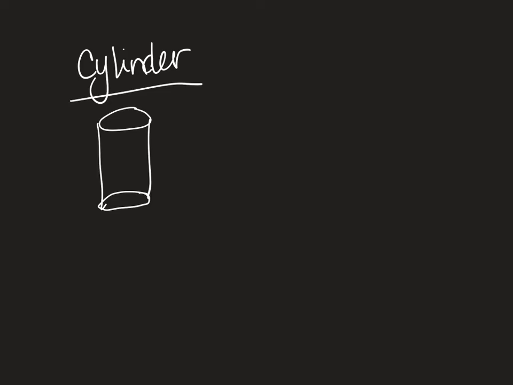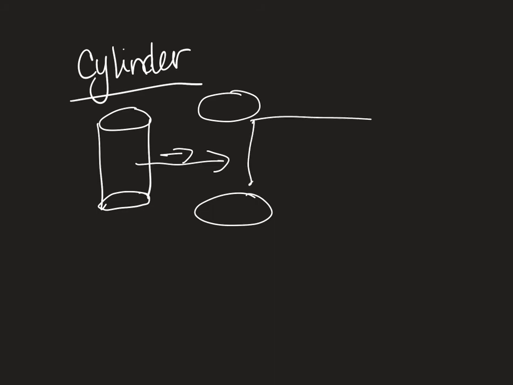Anyway, a cylinder contains the curved area, right? So the lateral surface area for a cylinder: imagine that this is broken down like this. You have a circle, another circle, and then this has been unfolded, something like that.